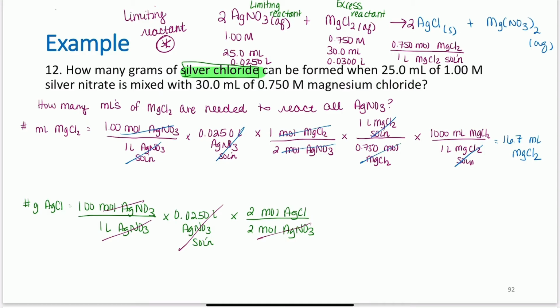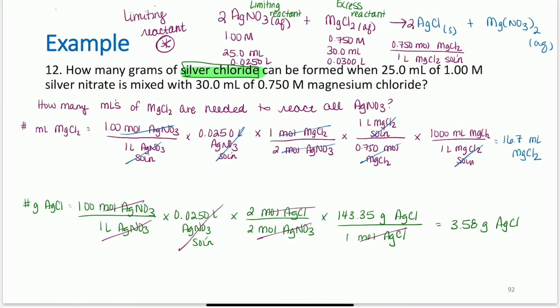I've got moles of silver chloride. Now I can convert to grams of silver chloride. I know there's 143.35 grams of silver chloride to every 1 mole of silver chloride. And when I calculate this out, this cancels out my moles of silver chloride, and I find my answer to be 3.58 grams of silver chloride.